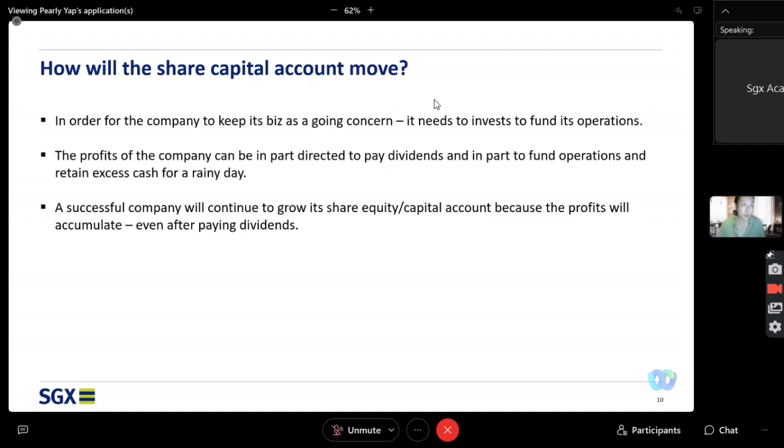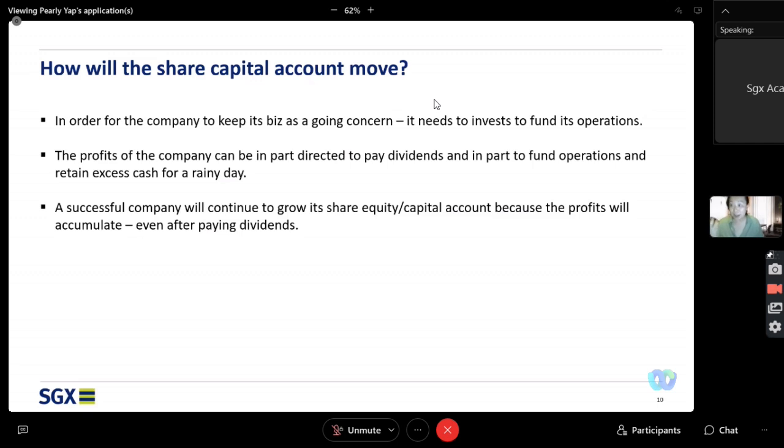This is quite important, right? Now, when a business is running as a going concern, it is operational, right? It will need money, right? It will have to pay staff, pay your suppliers, pay for its renovation costs in the case of a restaurant, so on and so forth, and pay for its plant and machinery.